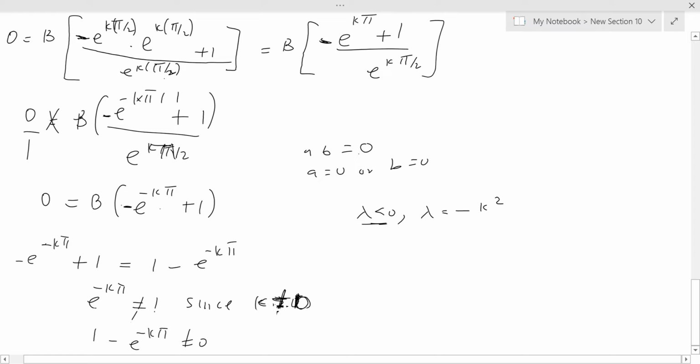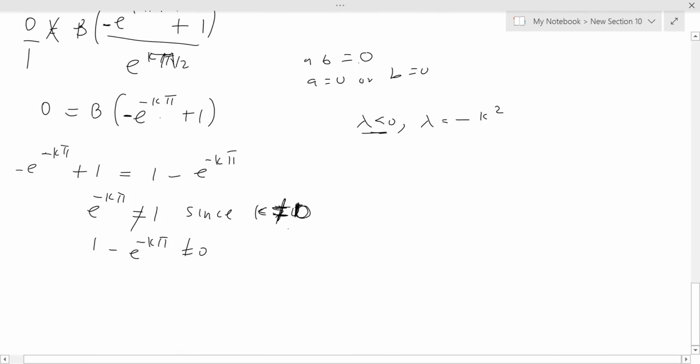So the only thing that can give us 0 here is if b is 0. Therefore b is equal to 0.